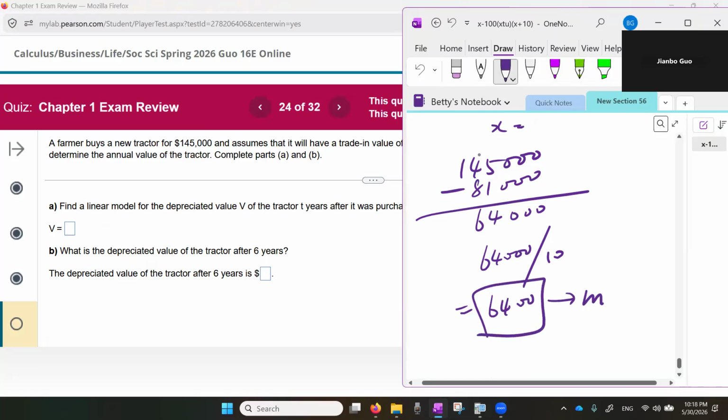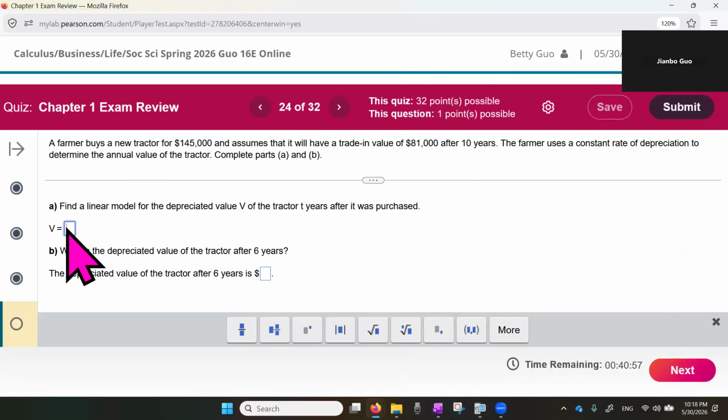So that's going to be the slope, okay? Just write it down. And the initial value is 145,000. Since depreciation is negative, so minus. What is the slope again? 6,400. Yeah, it has to be negative. Okay, the slope is negative, negative 6,400.